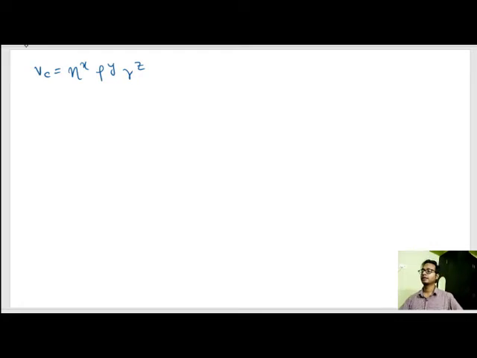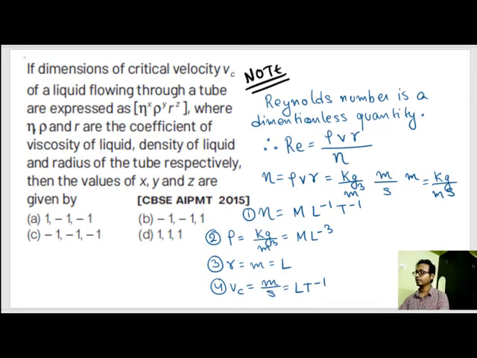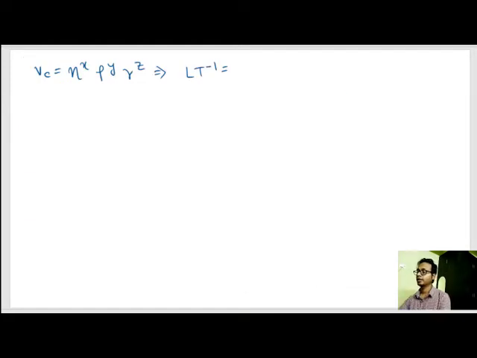This is the question given. We know that velocity is given by L T minus 1. Eta we just derived just now. The dimension of eta was M L minus 1 T minus 1, so M L minus 1 T minus 1 to the power x, into rho to the power y.